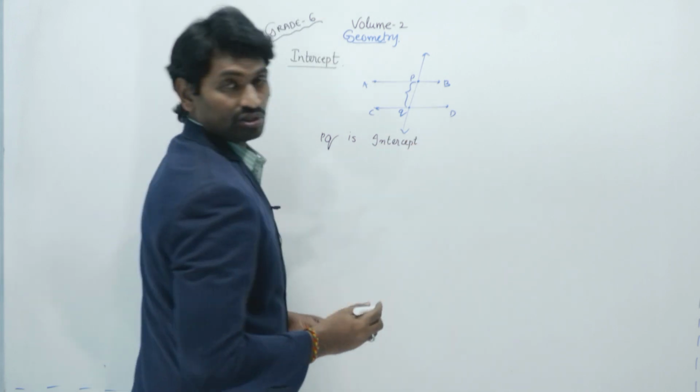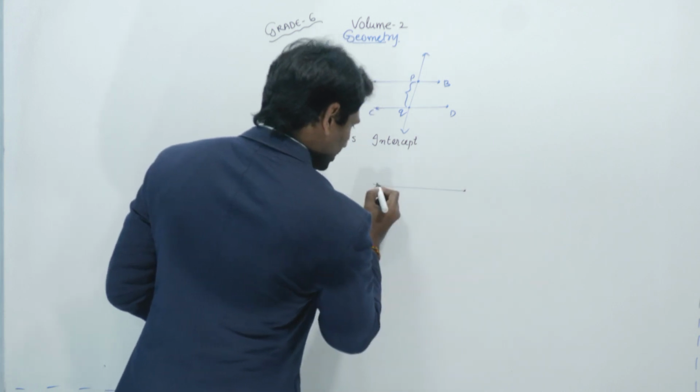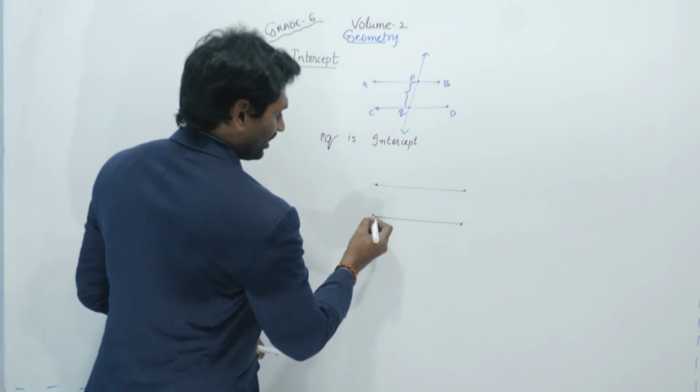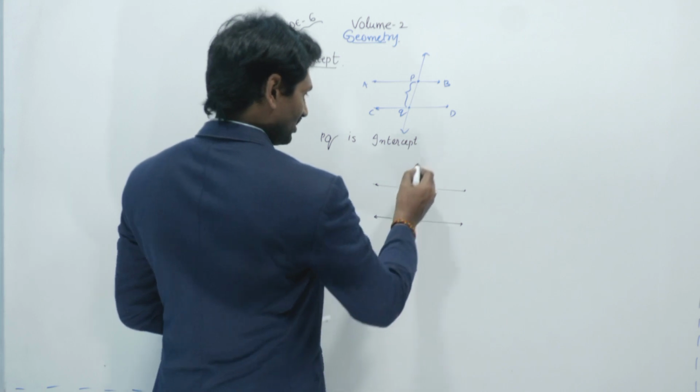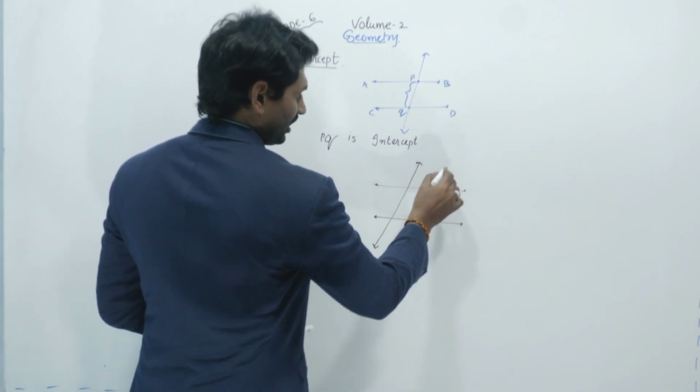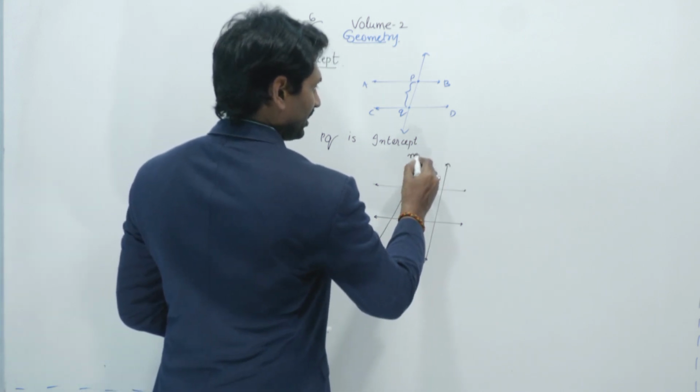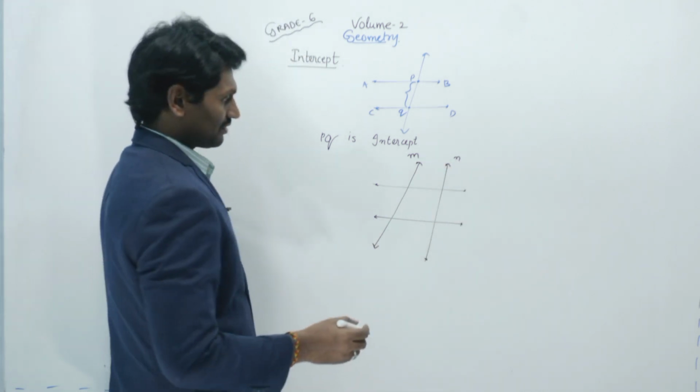So let us consider a pair of parallel lines. These two are parallel lines. I am taking transversals like this. Here M and N are transversals.